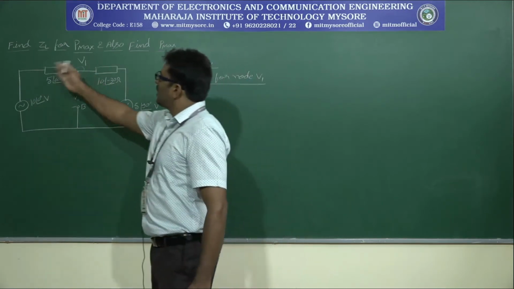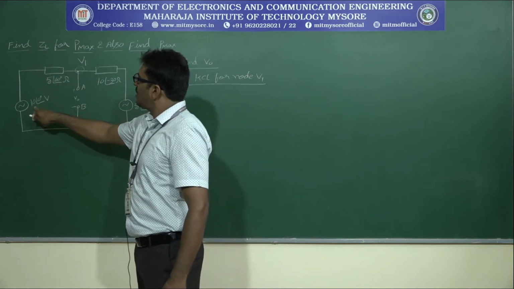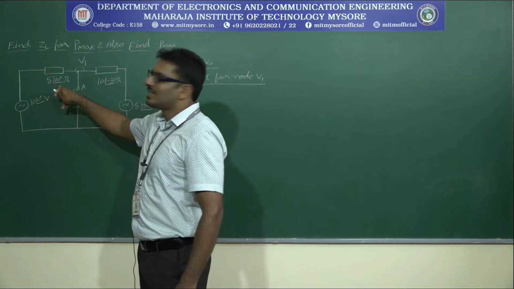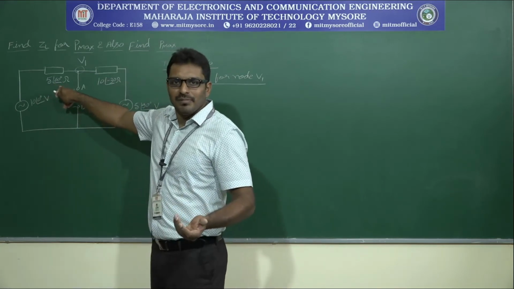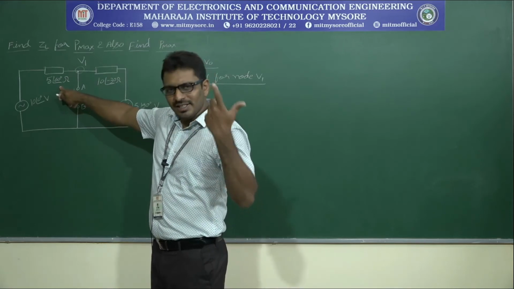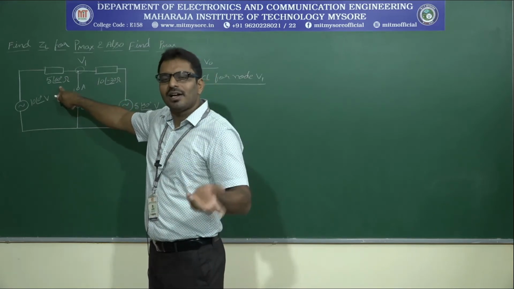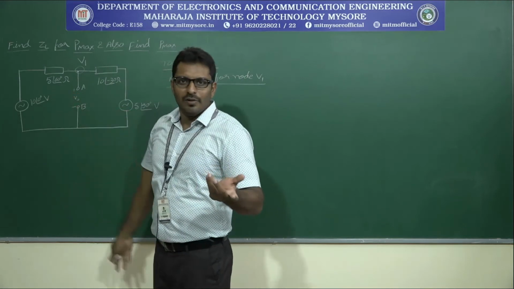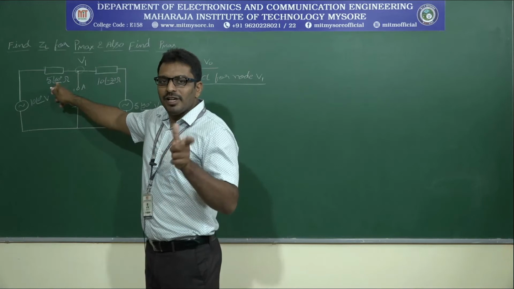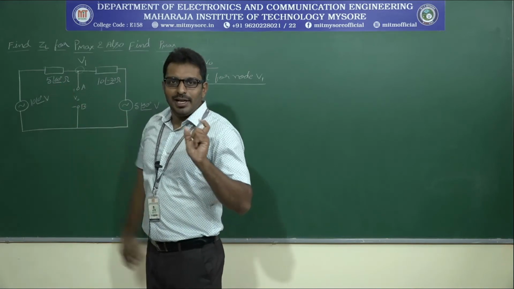Yes, first what is the current in this branch? V1 minus 10 at an angle 0 divided by 5 at an angle 60, that is the impedance. Because it is an AC circuit, impedance means it is a combination of RLC or RL or RC or LC, whatever. That's why we see an angle, that is the phase difference between voltage and current.